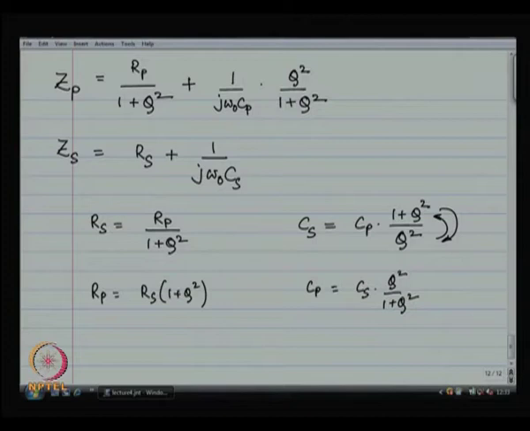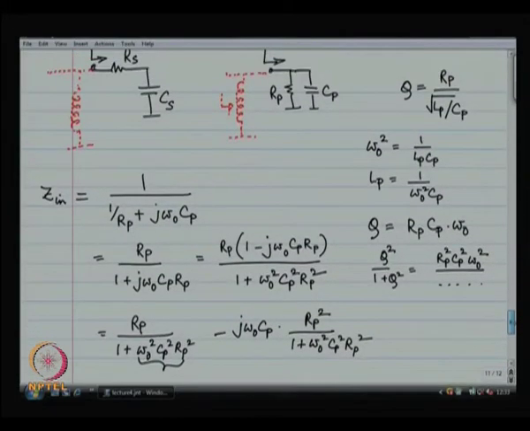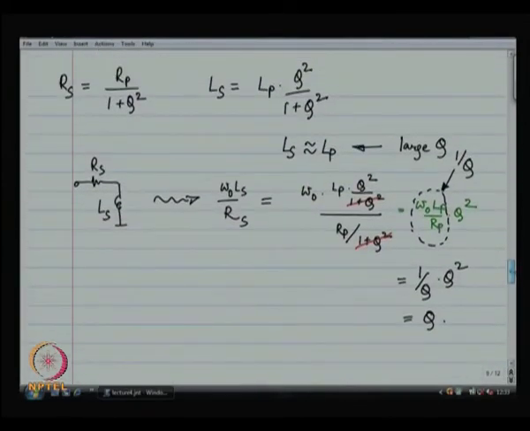The q of the network is going to remain unchanged between the series and parallel transformations. So, just like before, earlier the q of the series network was this much, the q of the parallel network was q itself, and we showed that the q of the series network also remains equal to q.